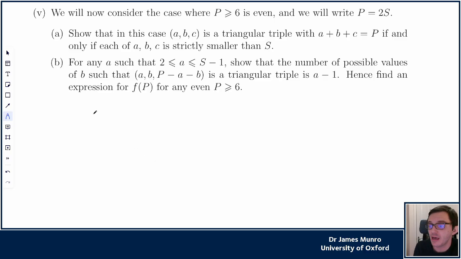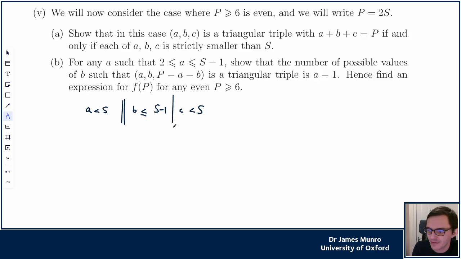We know that A, B and C all have to be less than S. That was our rule for making sure we get a triangular triple. A has been taken care of because we've made sure that A only goes up to S minus 1 at most. I'm interested in this B being smaller than S rule. That tells me that B, I suppose I can write that as B less than or equal to S minus 1 if I want to match up with this inequality that we've got over here.